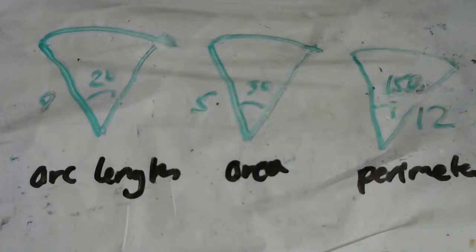So it's 1 over 9 times pi, and then you times it by 8. Yeah, I'll do that one for the first one, arc length.